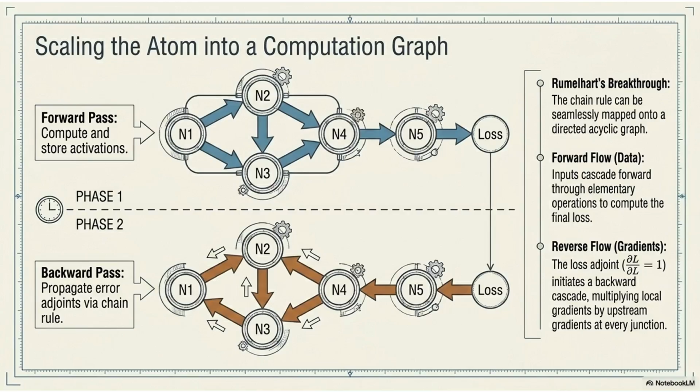Then in phase 2, the backward pass begins. The loss node initiates a backward cascade, taking that atomic chain rule we just talked about and multiplying the local gradient by the upstream gradients at every single junction all the way back to the start.